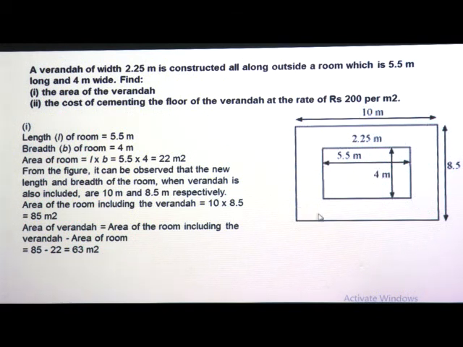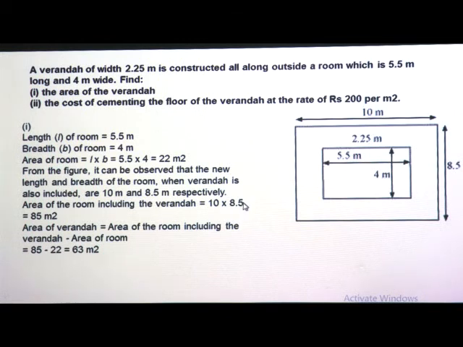Now, you might be thinking that it is a rectangular shape, so opposite sides are equal. So, the area of the room including the veranda is equal to length into breadth. So, 10 multiplied by 8.5.